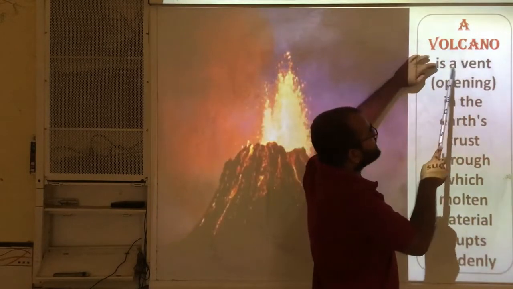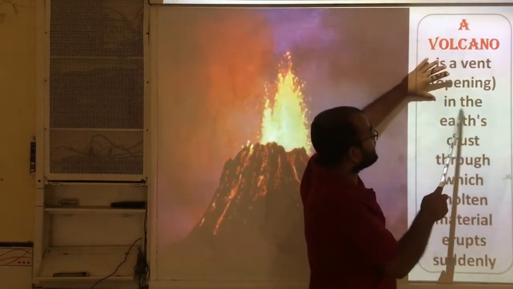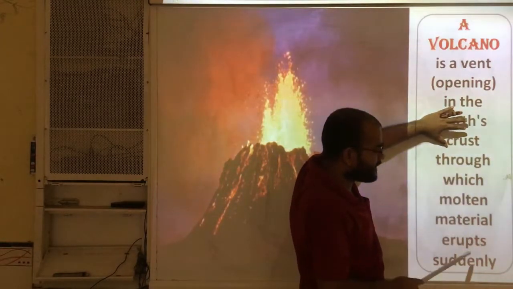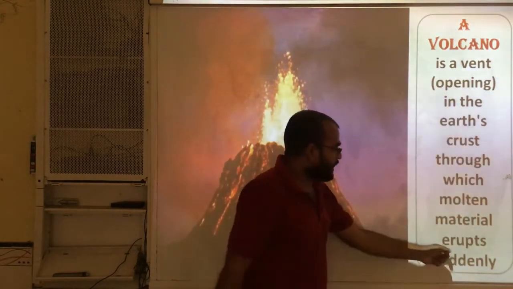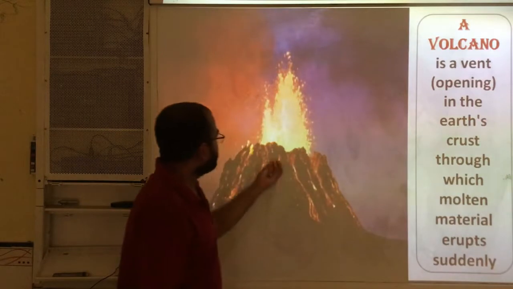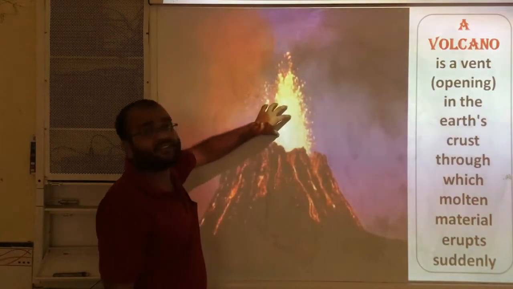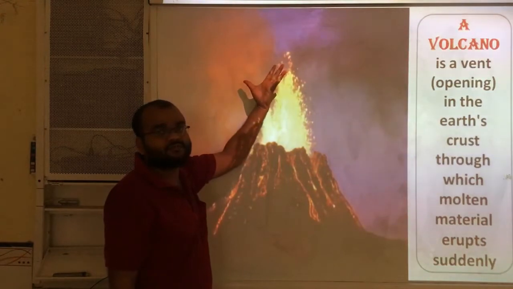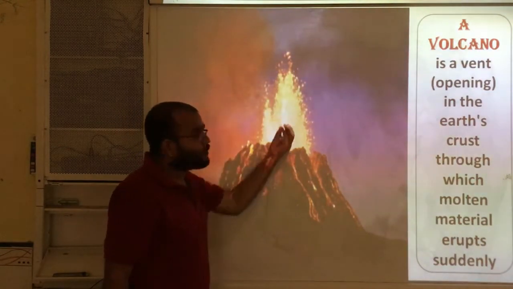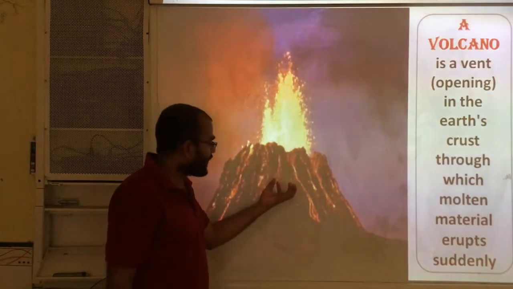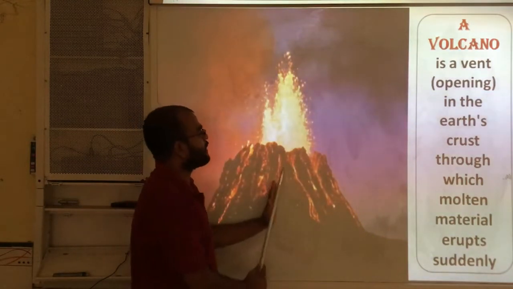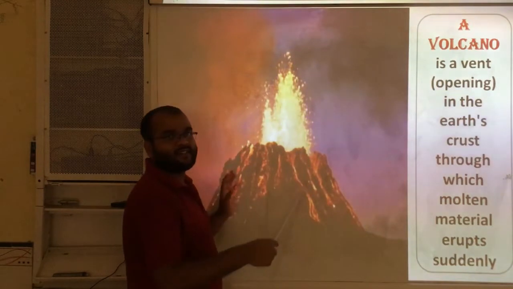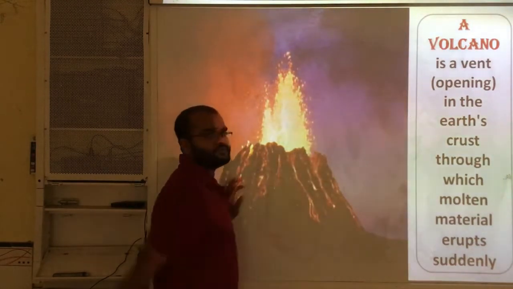It is a vent or opening in the earth's crust through which molten material erupts suddenly. Erupts means coming out. Molten means hot liquid. Through one vent, some hot liquid is coming outside. That's why this total structure is called a volcano.